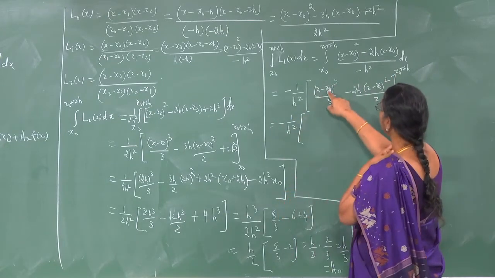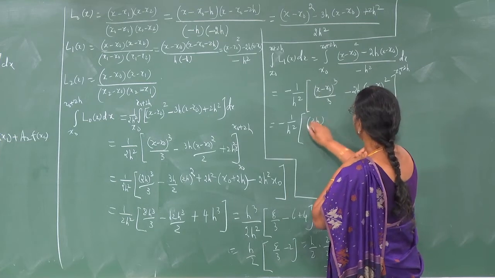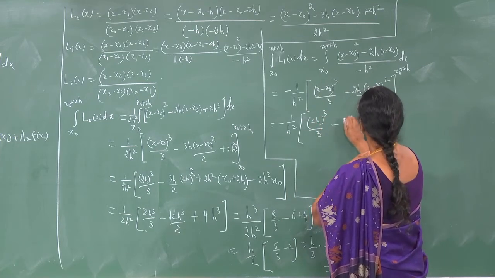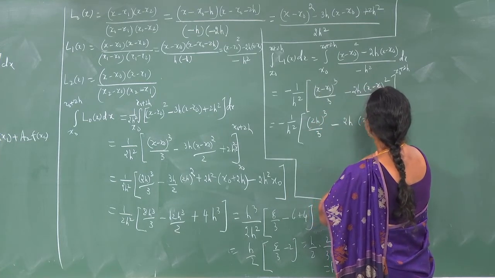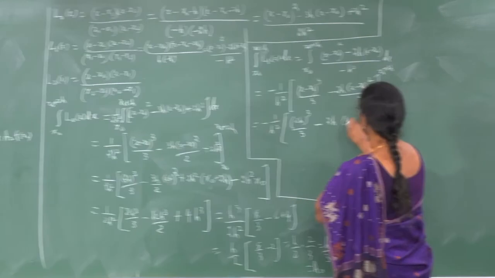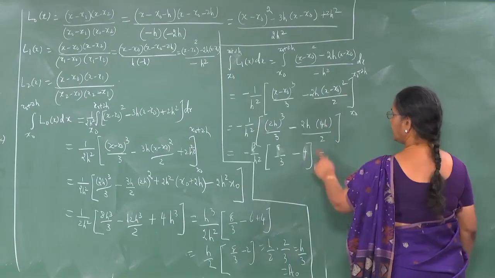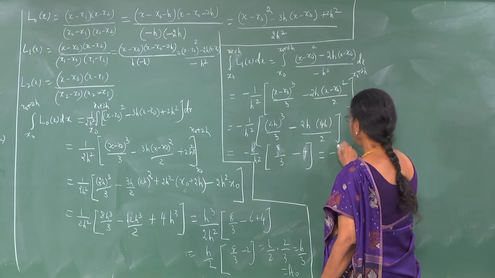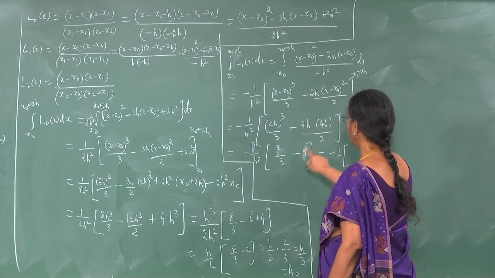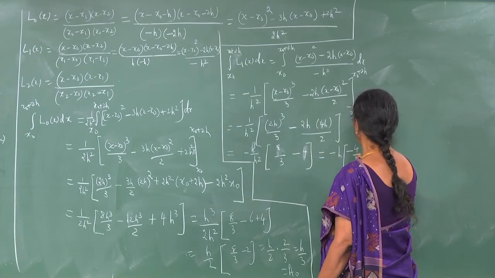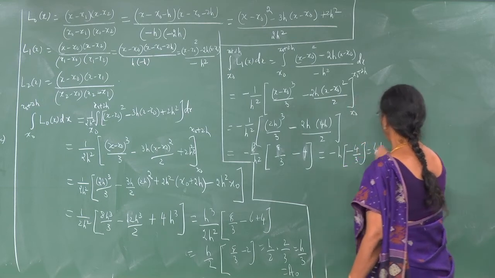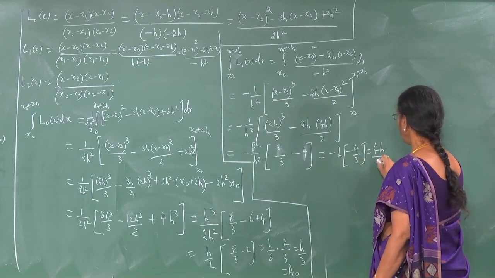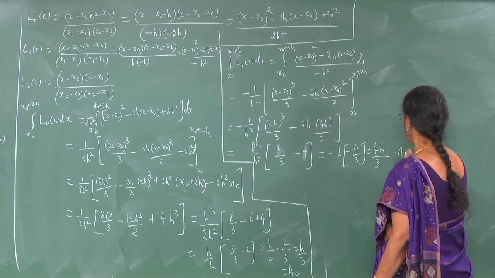At the upper limit, it is 2h the whole cube by 3 minus 2h into 2h the whole squared by 2. That gives you minus h into minus 4 by 3, and so the constant a1 is 4h by 3.